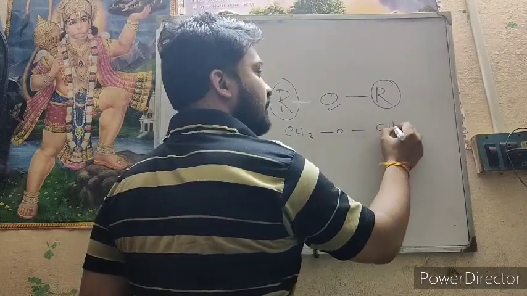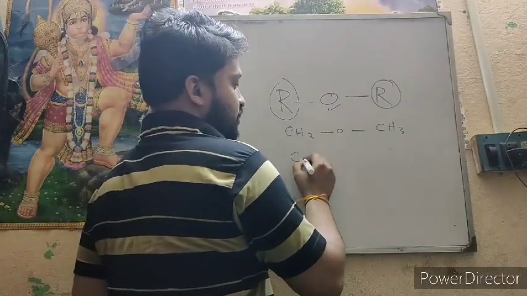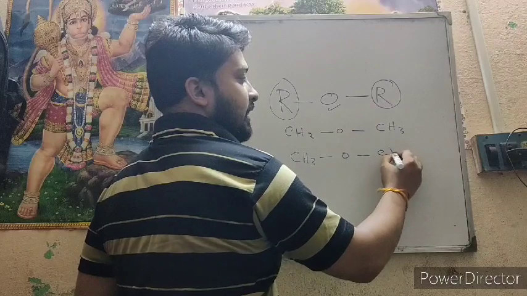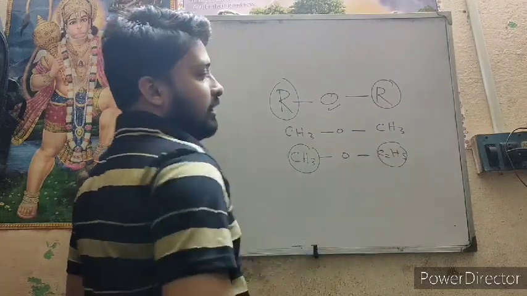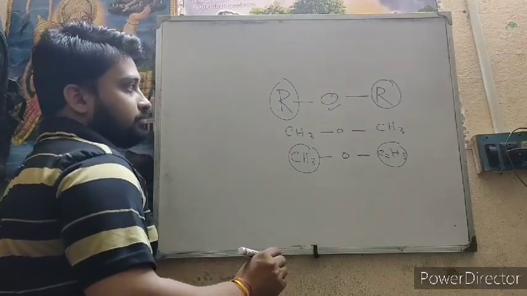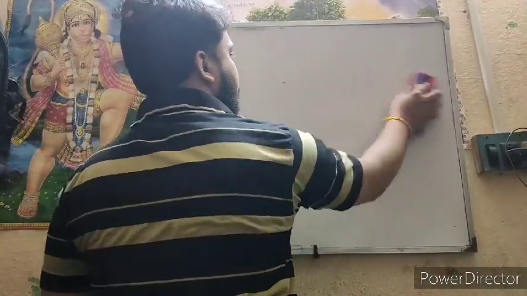If they are not similar, it is called an unsymmetrical ether. If one is ethyl and the other is methyl, it is an unsymmetrical ether. Next, I am going to the methods of preparation.